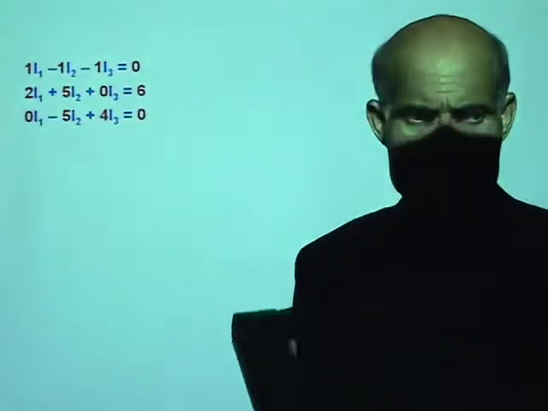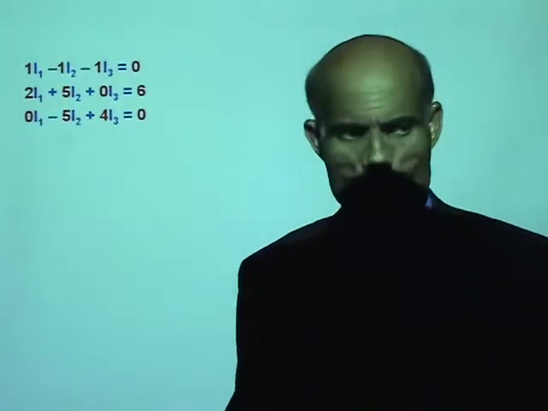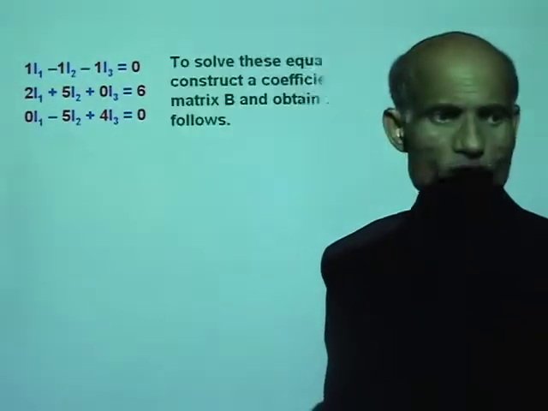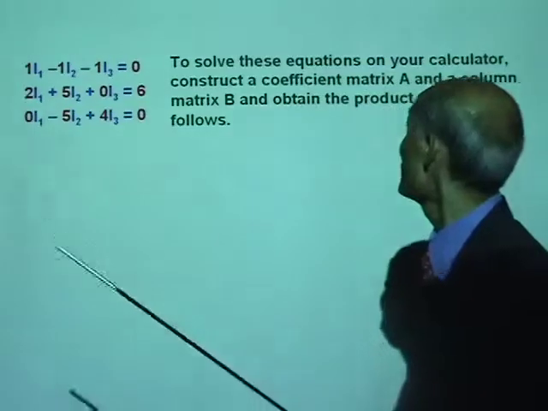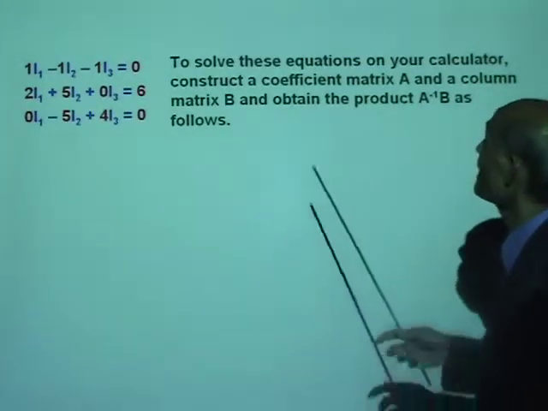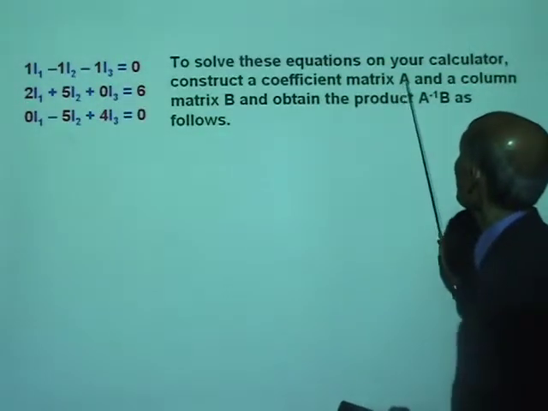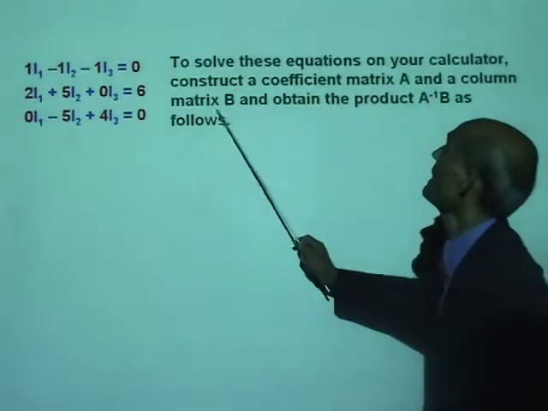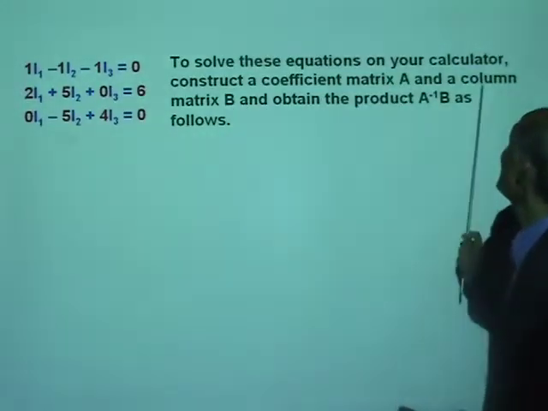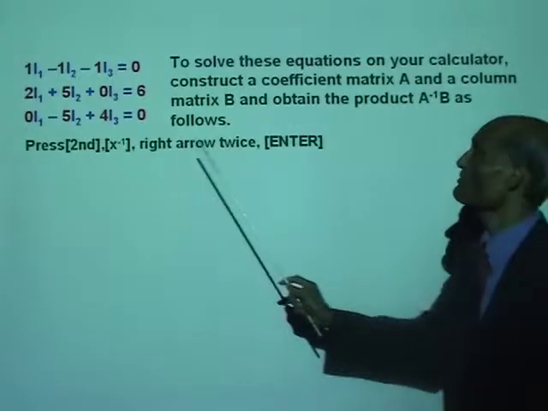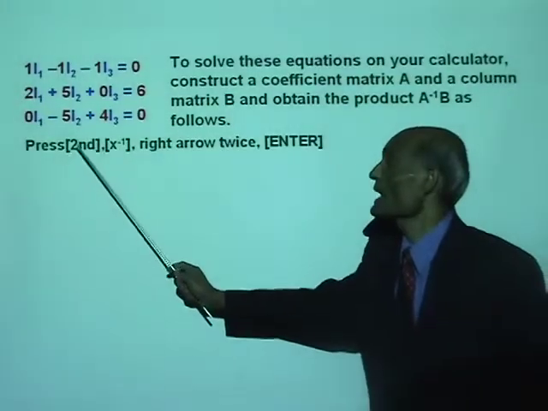Alright, let me take it away and let's continue. So to solve these equations on your calculator, we construct a coefficient matrix A and a matrix B, which is a column matrix, as follows. I've given you the steps there.